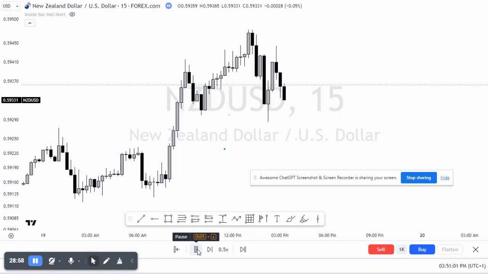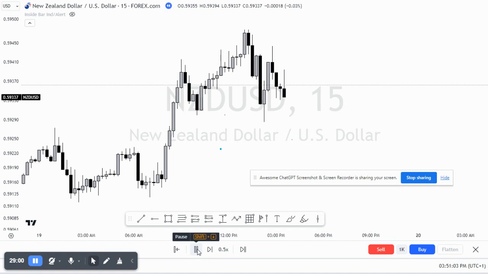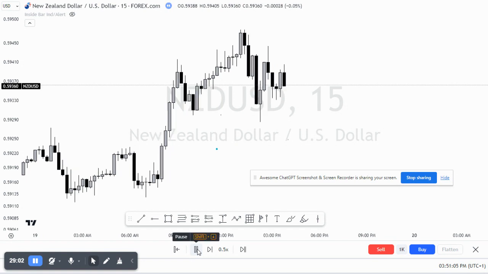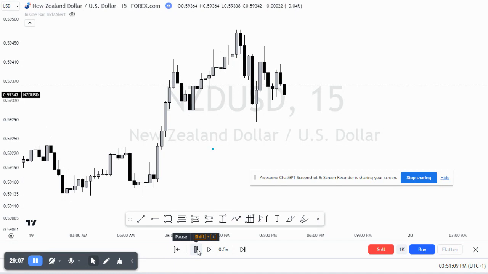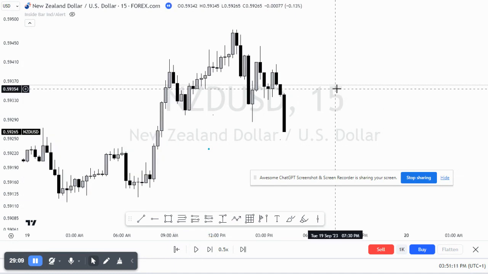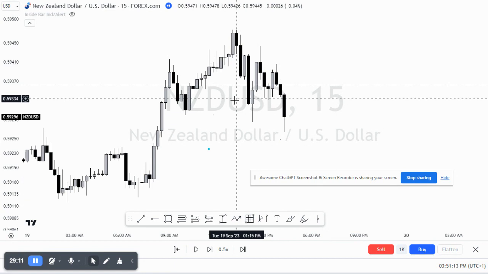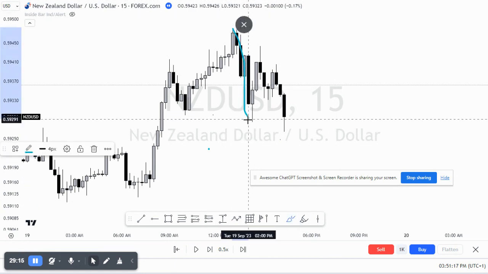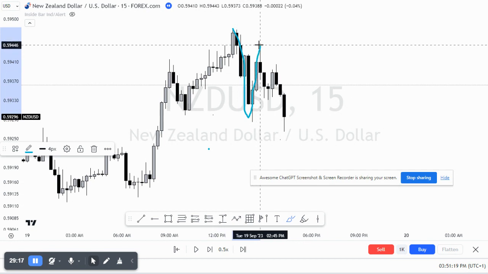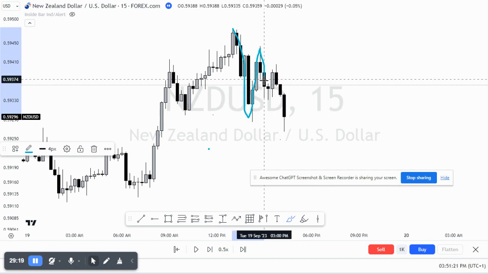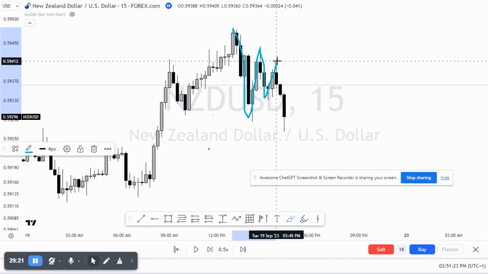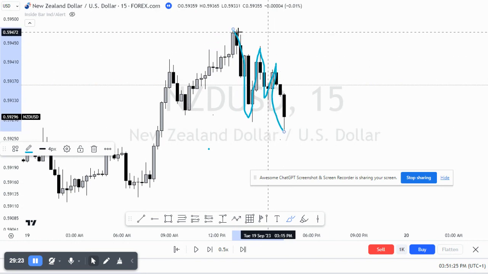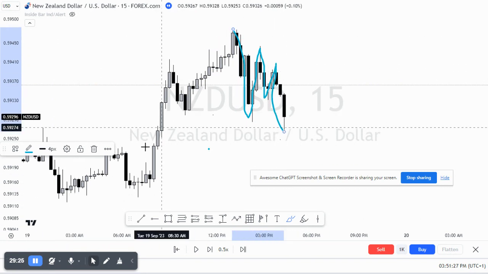So what do we have here? We have pullback 1, pullback like this, another pullback, and a pullback again like this. Pullbacks.